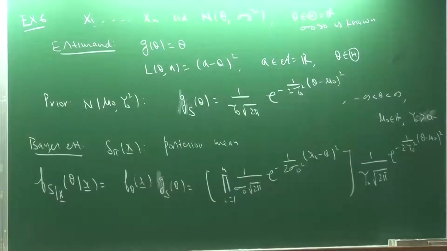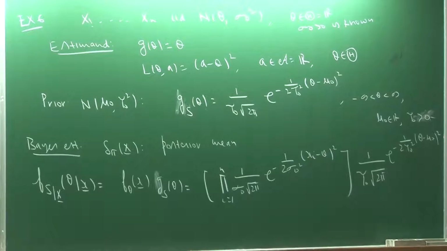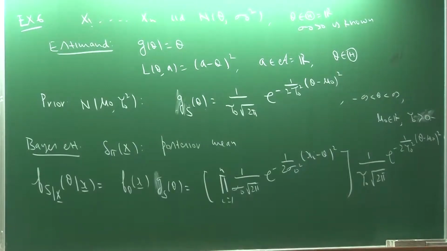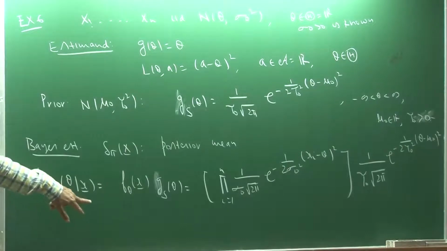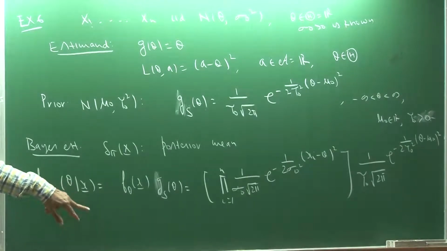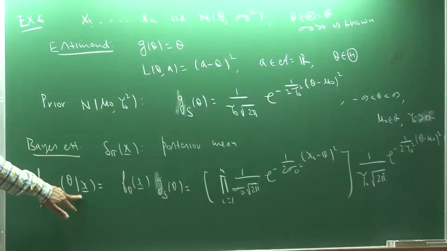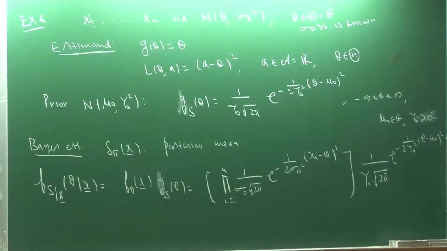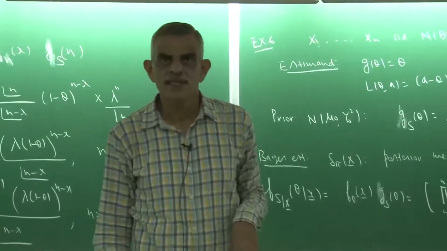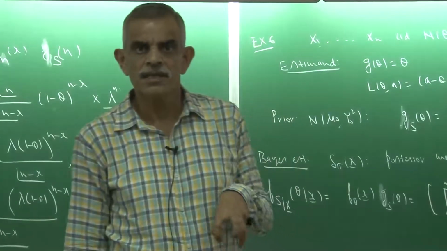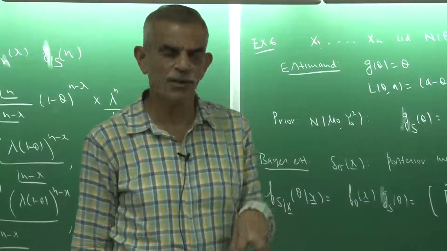So in the posterior distribution, I just need to collect the terms involving theta, because posterior distribution is a function of theta and x is a constant, x is fixed. So that means all the terms involving x would get consumed into the proportionality constant.